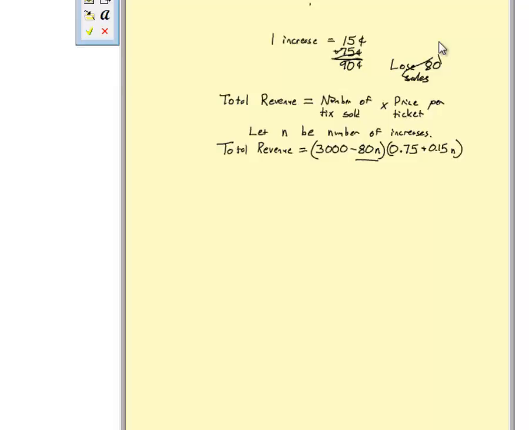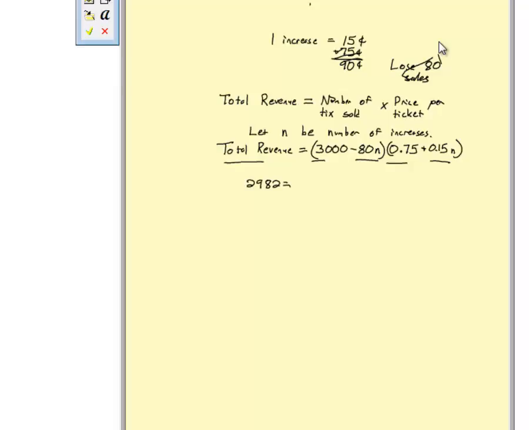So 0.75 plus 0.15 times the number of ticket price increases. So there's our total revenue function. If N equals 0, that is to say if we don't raise the price at all, it'll simply be 3,000 times 75 cents. Now we want our total revenue to be $2,982.